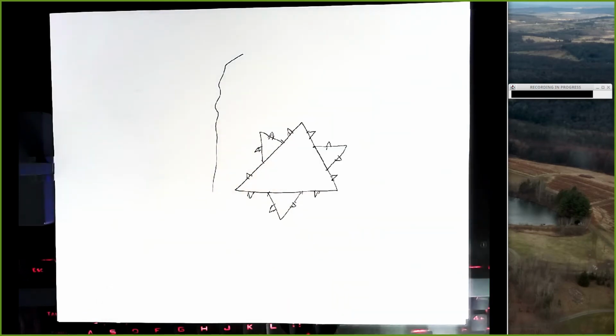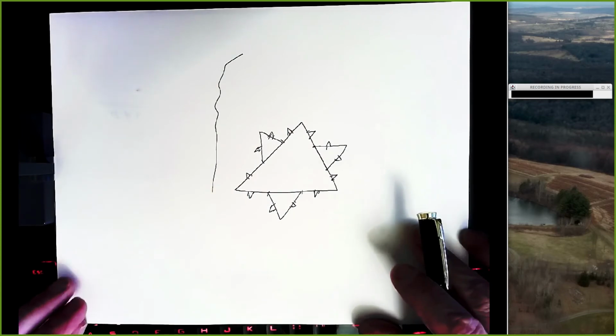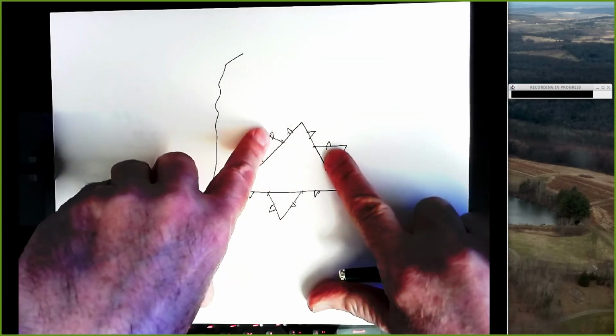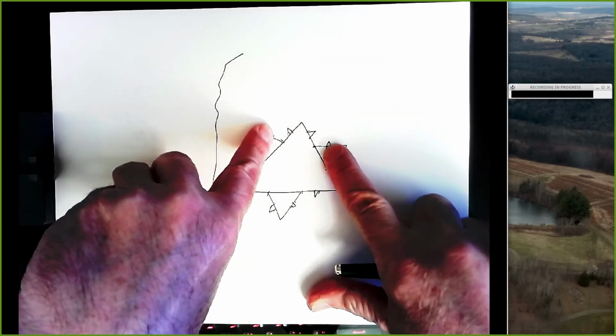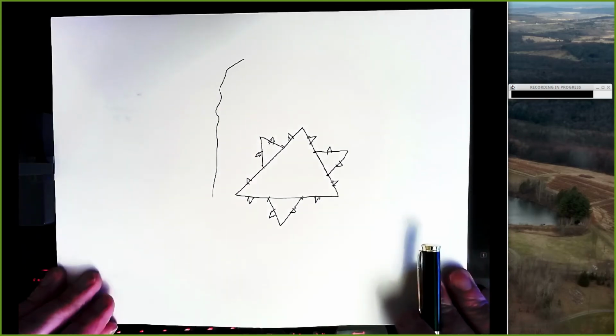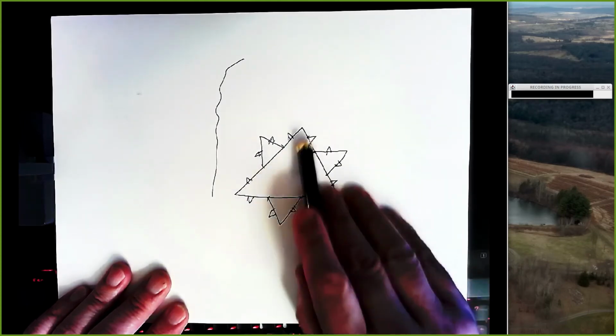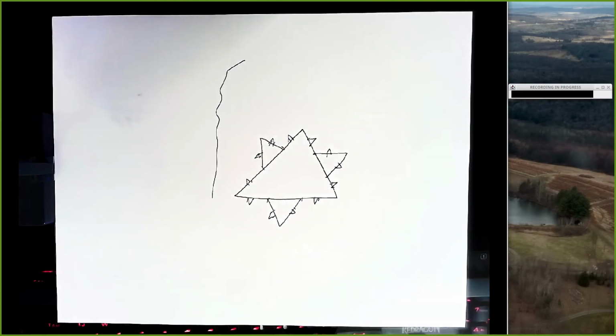And keep doing that. So you get a series of shapes, and each shape has more of these little spiky things on it, and the spikes get smaller, but you have more of them. And write an expression for the total length, the total perimeter of this shape.